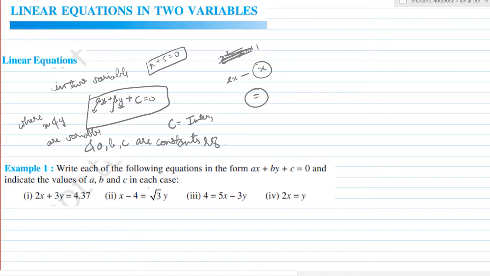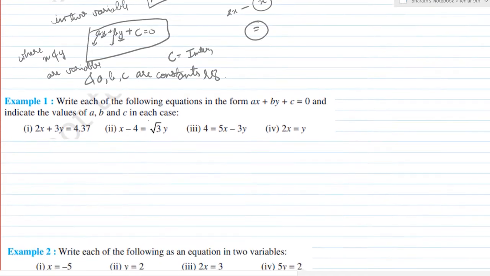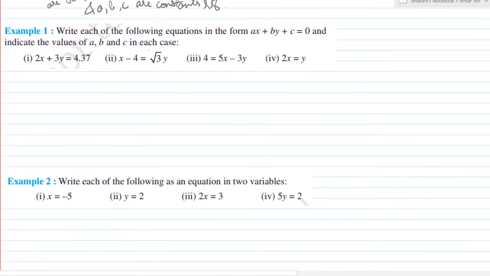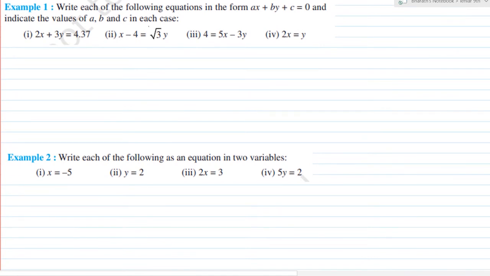So we'll go for the next question for understanding. Write the following equations in the form of ax plus by plus c is equal to 0, right? Here a is the coefficient of x and b is the coefficient of y. c is a constant, we all know. So in this case, a is equal to 2 and b is equal to 3.